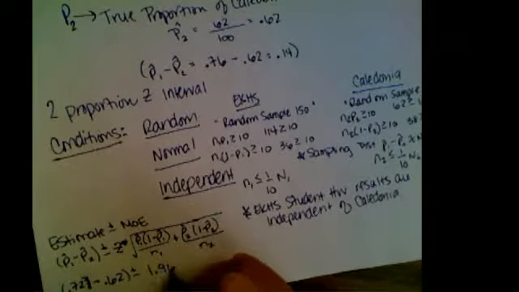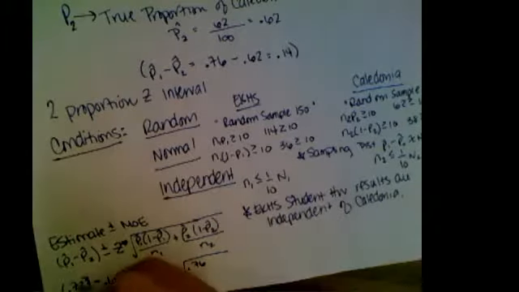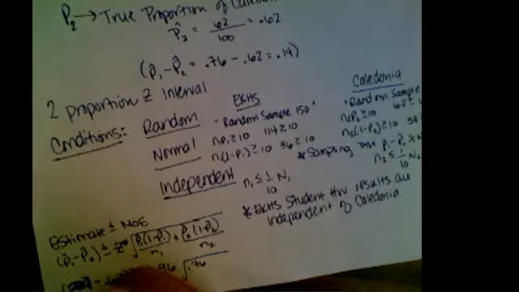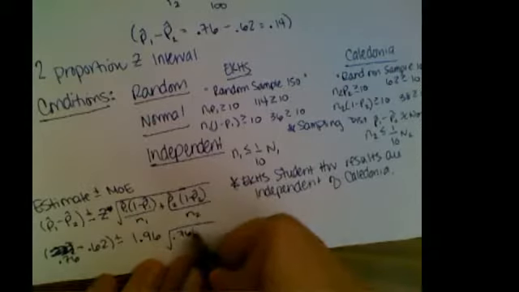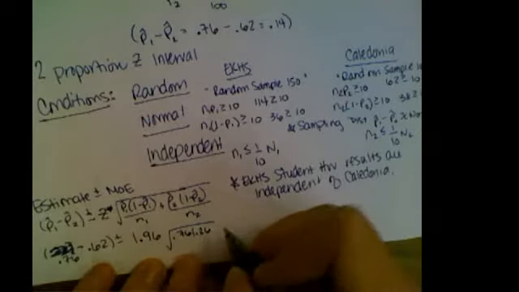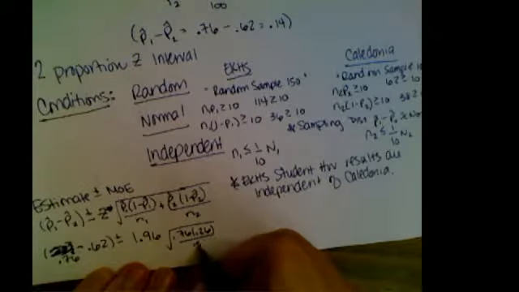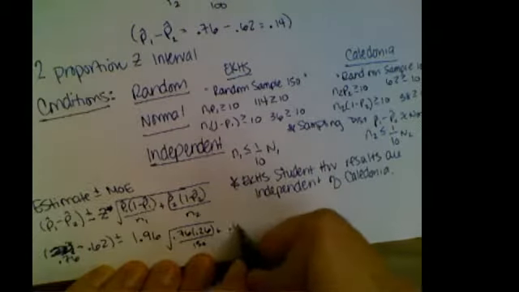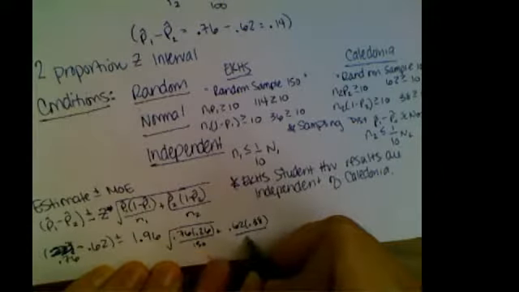Our z-score is 1.96, times the square root of 0.76 times 0.24 over the sample plus the 0.62 times the 0.38 over the sample.